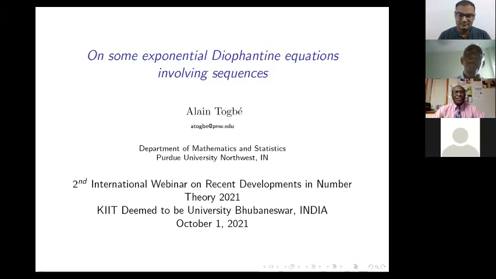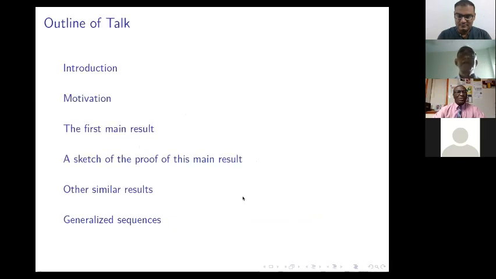So my talk is about exponential Diophantine equations involving sequences. Here is my outline. I will make a quick introduction. I will discuss the motivation of the first result we obtained. I will present the result. I will give a quick sketch of the proof of our first result.